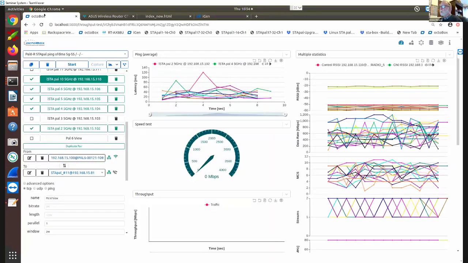So this is primarily going to look at how OFDMA affects latency. OFDMA is purported to be very good in dealing with short packets, which legacy Wi-Fi is not.